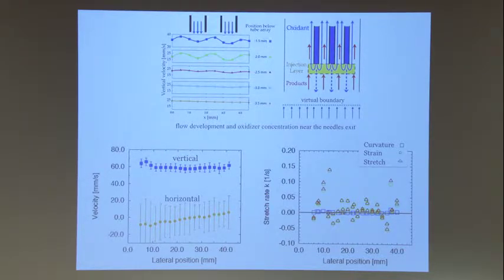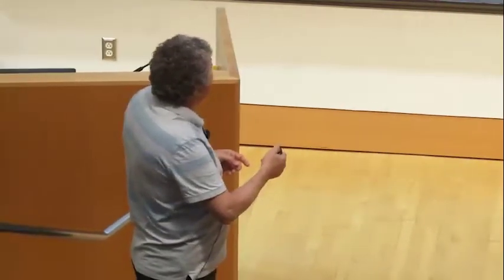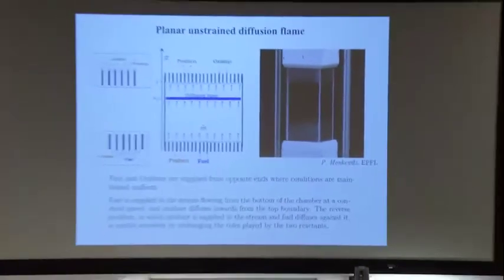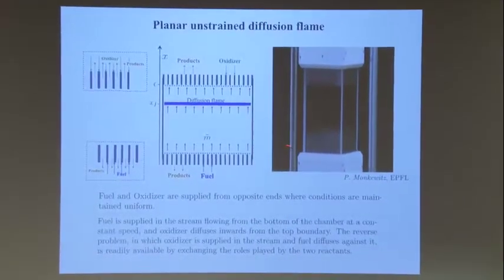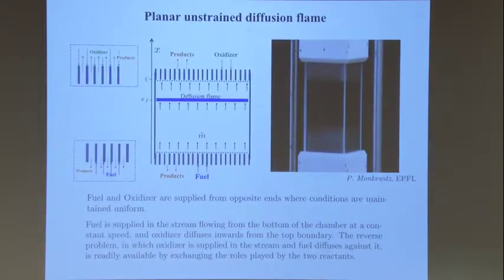Yes? I can't hear. How did he initiate the flame ignition? Oh, you ignited with a torch, with whatever. Isn't it confined? Isn't the flow confined? No, it's not confined because remember, first of all, it's open at the bottom. In other words, you can stick in something here and ignite it. But I don't know, they probably have some electrode and do it in a more sophisticated way.